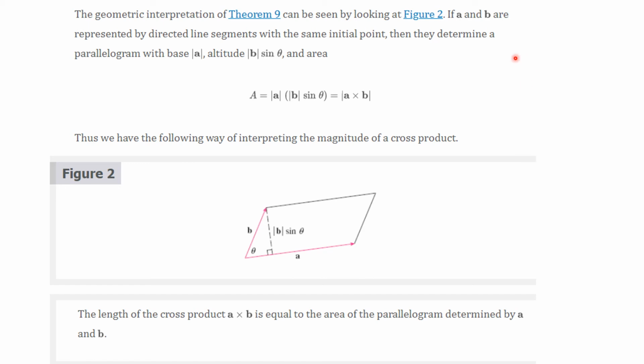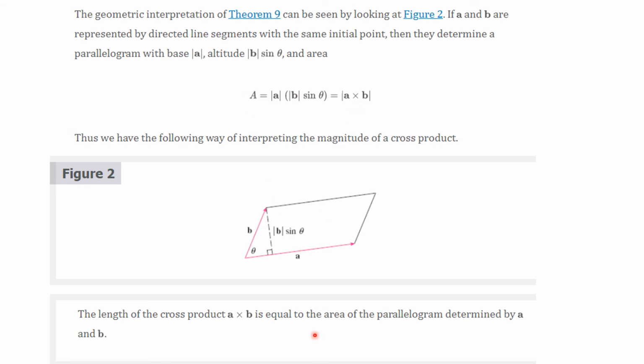Another geometric interpretation can be seen by looking at this figure here. If we look at a parallelogram, the area of the parallelogram is going to be the base times the height. It's the same formula as a rectangle, except the height is this perpendicular projection that we talked about before. And so the height is going to be magnitude of B times the sine of theta, and this side is the magnitude of A. And so when we do that calculation, we get that this is the area of the parallelogram.